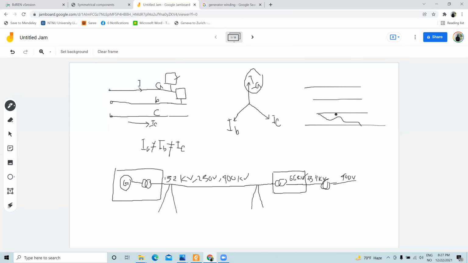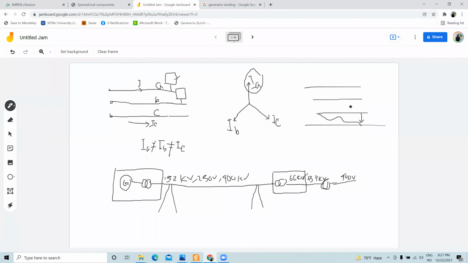So the current is not going to the load, it's instead going to the earth, so we call it a ground fault. It may happen that only one of the conductors touches the ground and the other two are in healthy condition. This kind of fault is called a single line to earth fault.